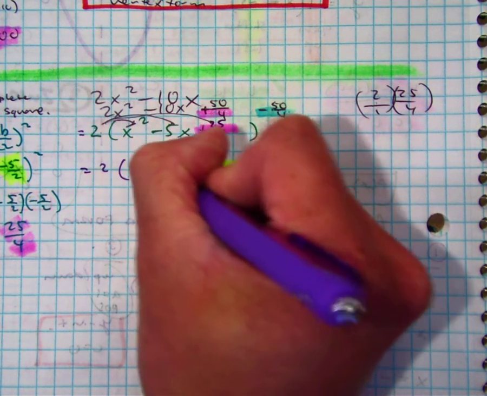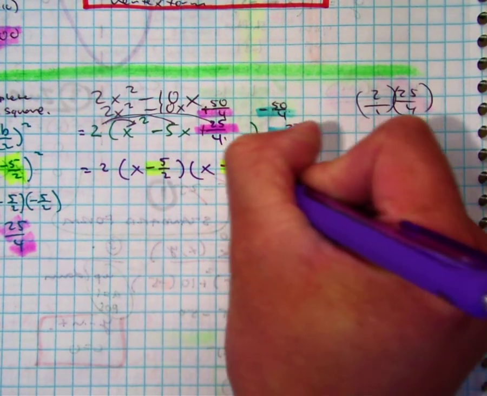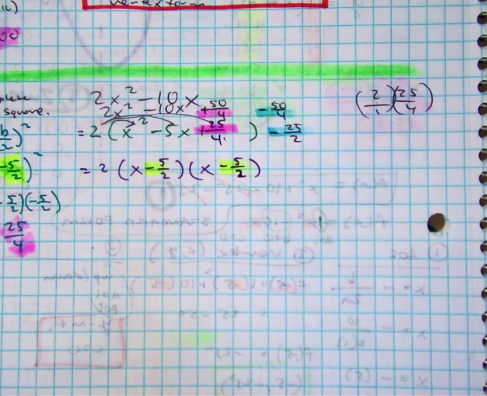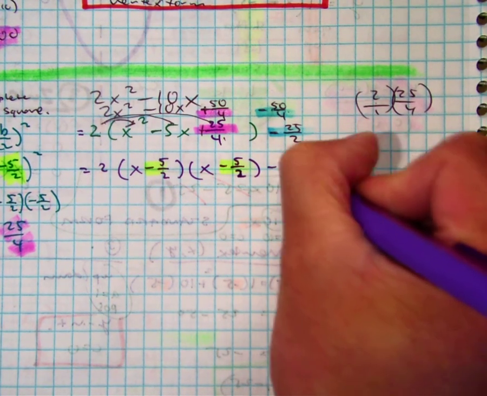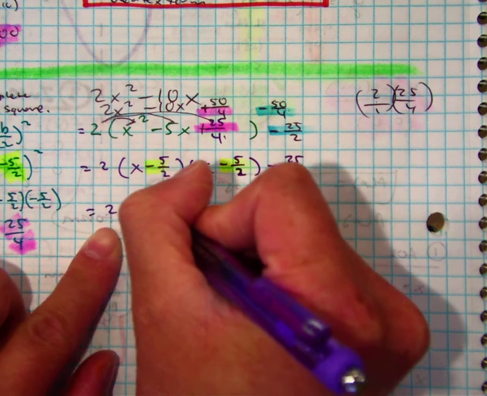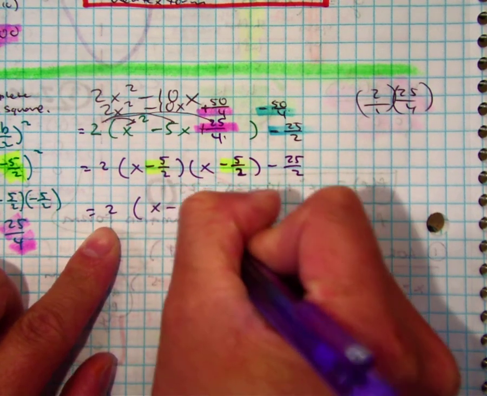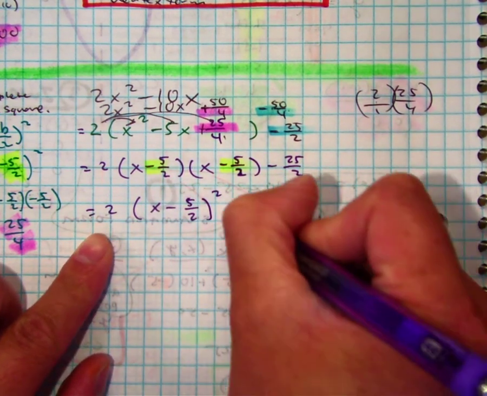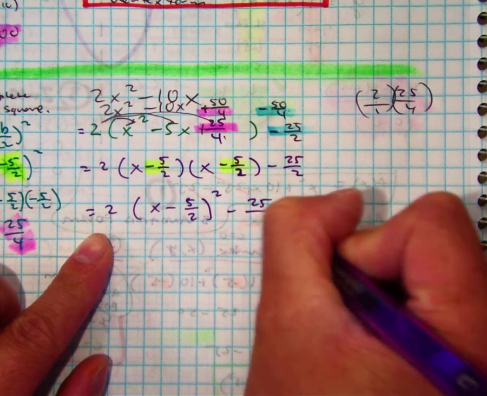Negative 5 halves. What does that mean? That means when I put these together, I have 2 times the quantity x minus 5 halves squared minus 25 over 2.